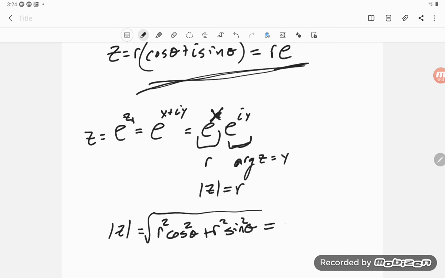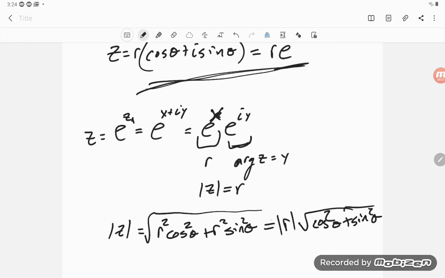That's just the absolute value of r, if r could be negative, times the square root of cosine squared theta plus sine squared theta.